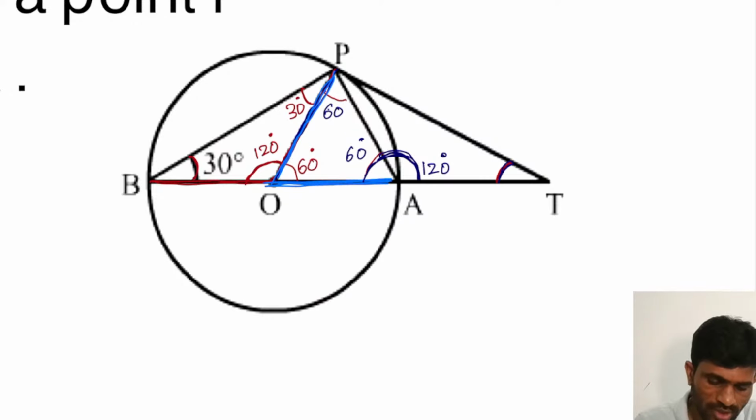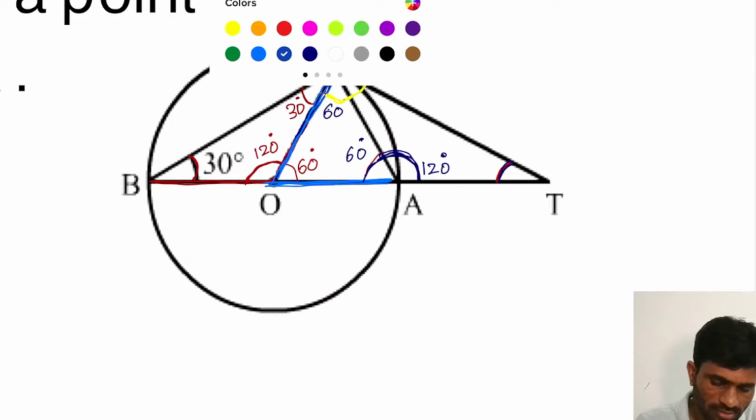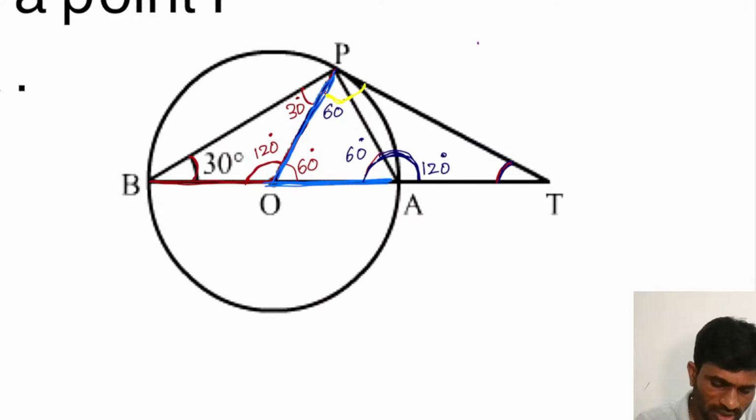Here we can say this angle, if you see, is 90 degrees. This 90 degrees already inside it is 60. So outside it is 30 degrees here. This is 30.